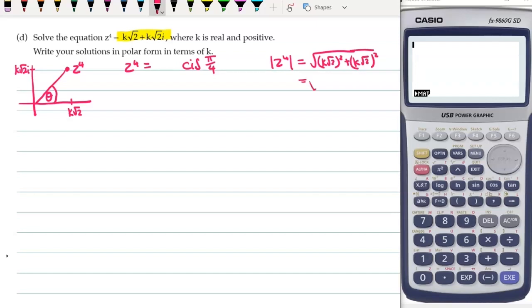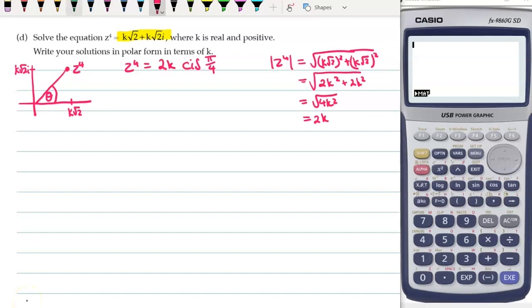So root 2 times root 2 is 2, so that's going to be 2k squared plus 2k squared. That's the square root of 4k squared, so that is equal to 2k. So our modulus here is 2k.